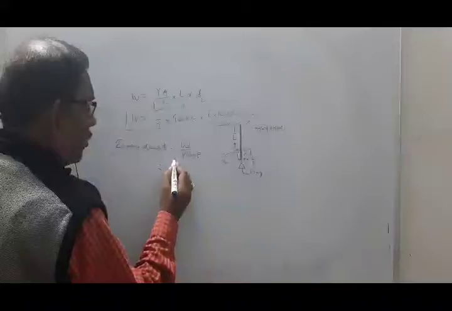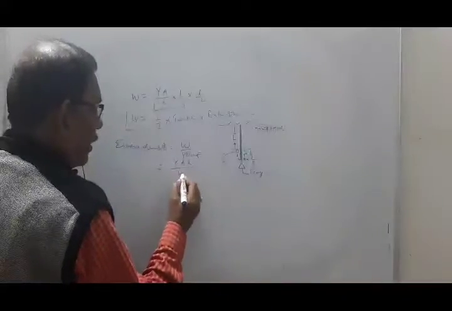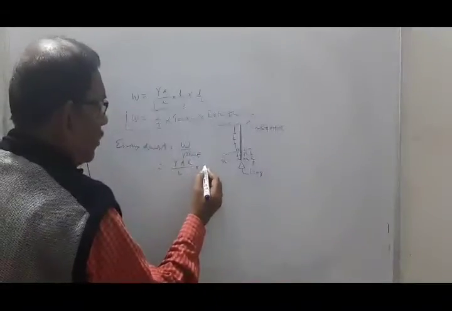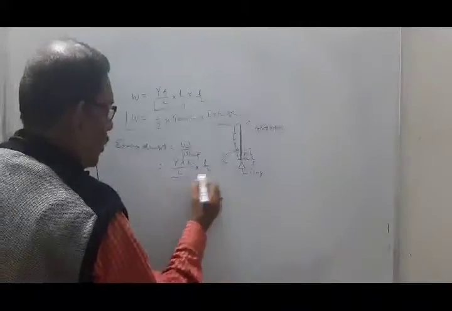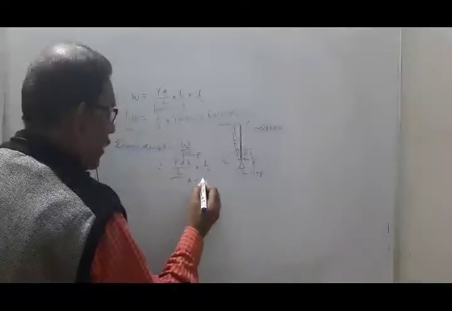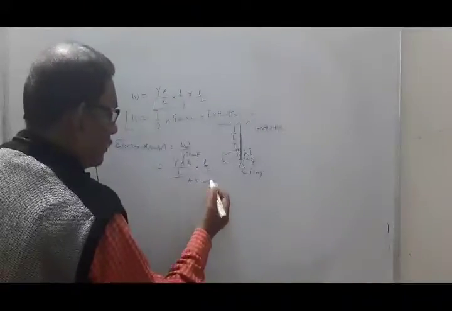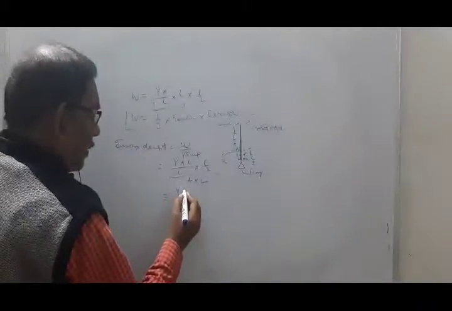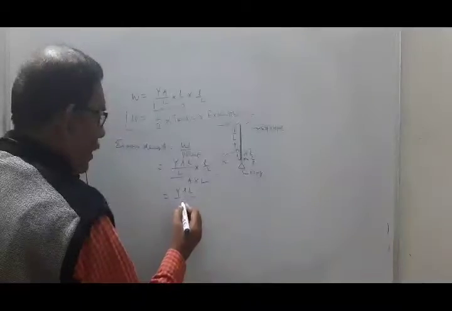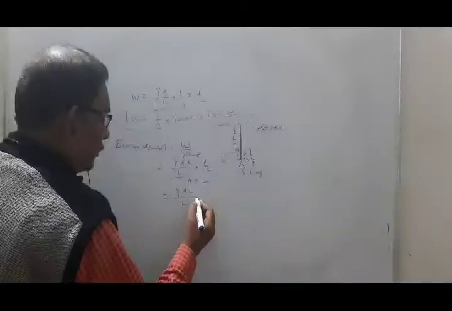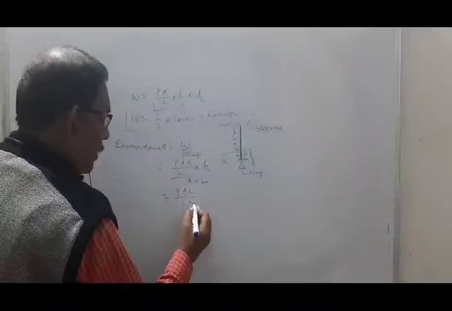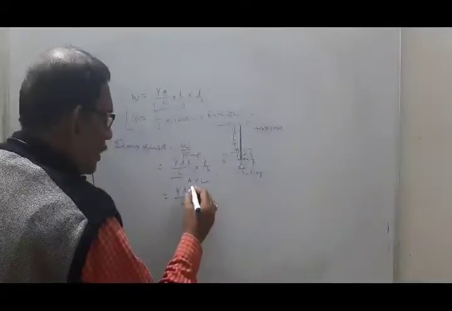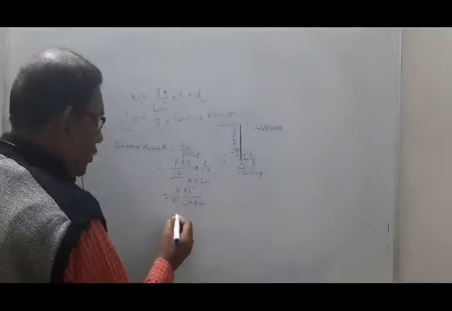Work done is Y A small l by L into l by 2, whole divided by volume A into L. Okay. So Y l by L into l by L, it is half.